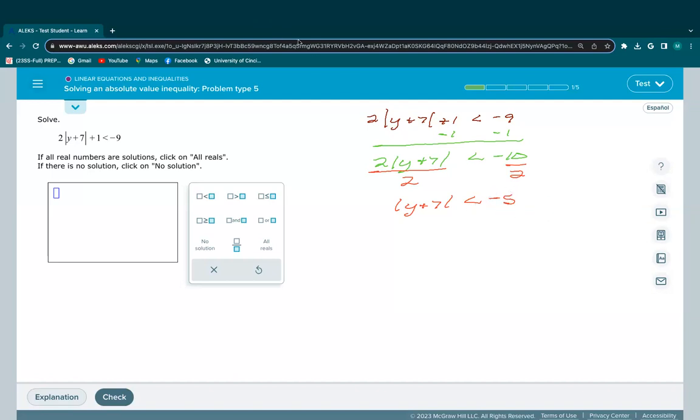It can't be, so this is where I'm going to have to think a little bit different. This is -5 spaces. So this is basically saying this absolute value has to be smaller than a negative number of spaces. So that's not really possible.